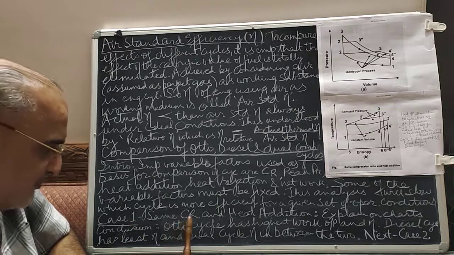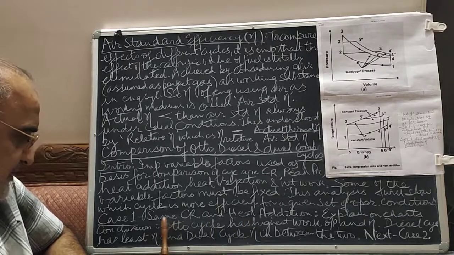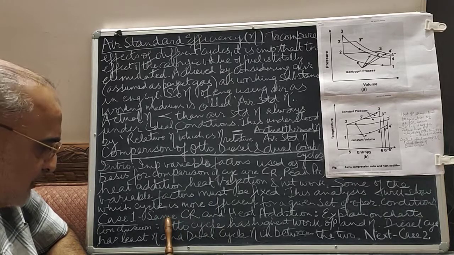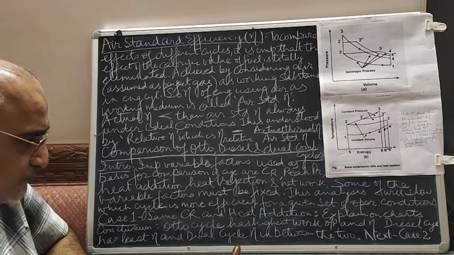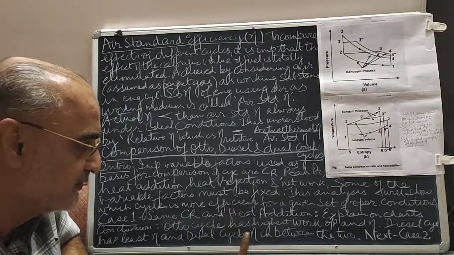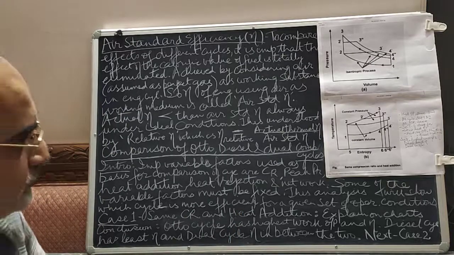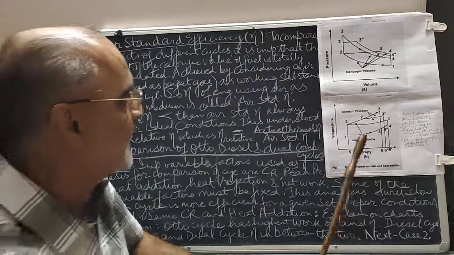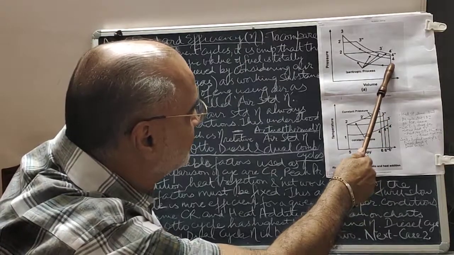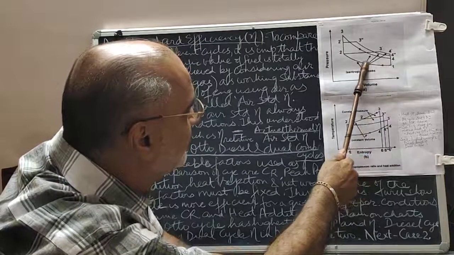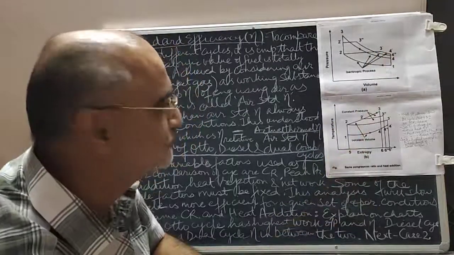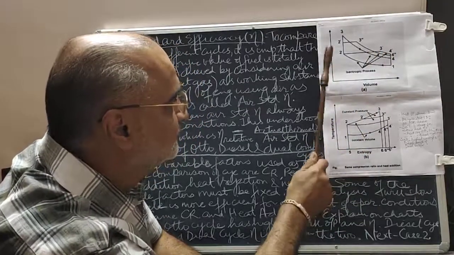Let us come to case 1. In case 1, we will take two variables. All the three engines, this is for analysis purposes, will have the same compression ratio and heat addition. Let us see. This is the Otto cycle, 1, 2, 3, 4, 1, constant volume.